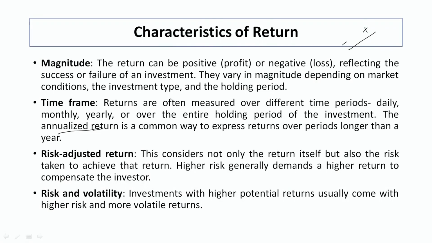If you are risk averse and you are selecting bonds or debentures, your risk appetite is low and the return you generate from the instrument is also low. So, higher risk generally demands higher return to compensate the investor. Risk and volatility: investments with higher potential returns usually come with higher risk and more volatile returns.